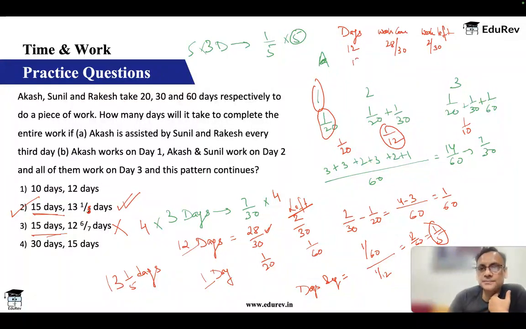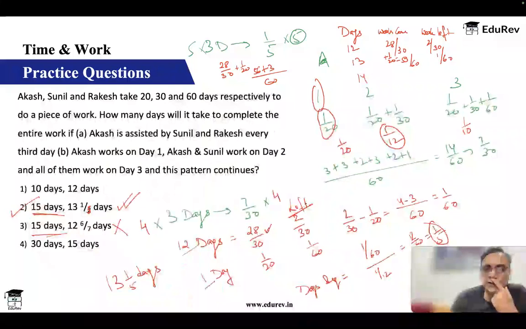After 13 days, 1 by 20 more got added. So work completed was 28 by 30 plus 1 by 20. The LCM is 60. So you have 56 plus 3, 59 by 60. Work completed was 59 by 60. Work left was 1 by 60.